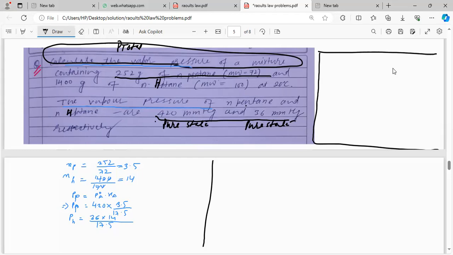Yeah, correct only. 35 for 20, 420 into 35 by 175. 420 multiplied by 3.5 divided by 17.5. 84. 84, correct.